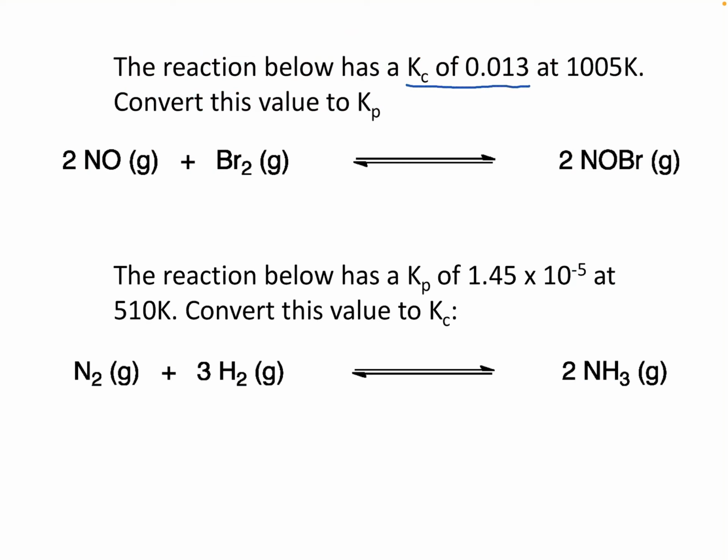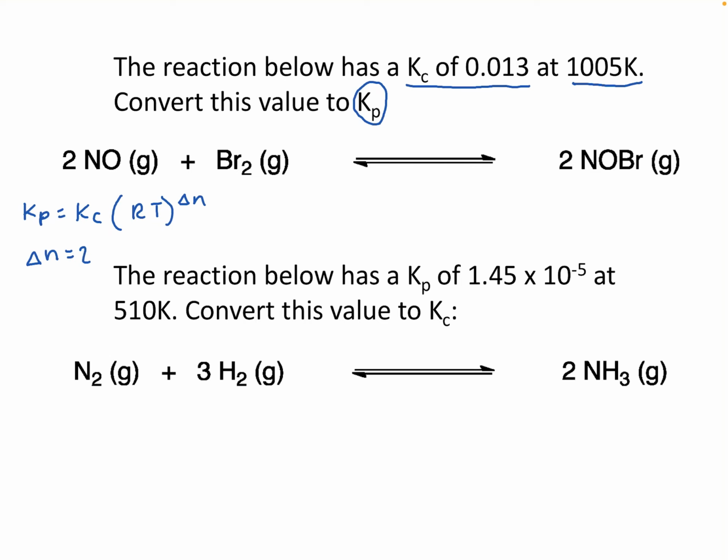Okay, first question here says, the reaction below has a Kc of 0.013 at 1005 Kelvin. Convert to Kp. So we know Kp equals Kc times (RT) to the Δn power. So really, we just need to figure out Δn.